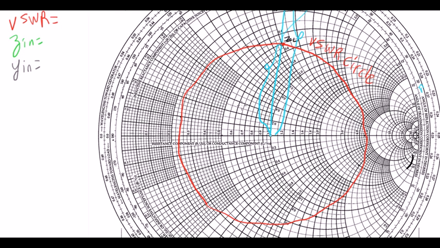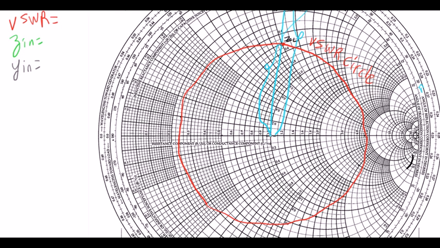As we know from the equation I gave you earlier, the VSWR is equal to 1 plus the magnitude of the reflection coefficient over 1 minus the magnitude of the reflection coefficient. Hence, it's usually greater than 1. The ideal case would be 1 because that would have a 0 reflection coefficient, but since that's not the case, it's usually greater than 1.